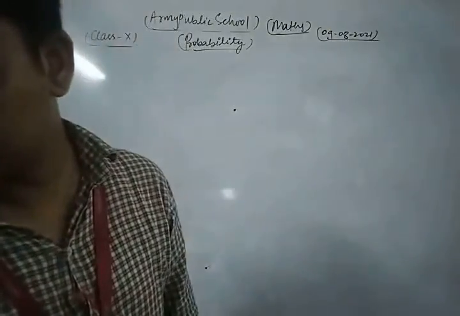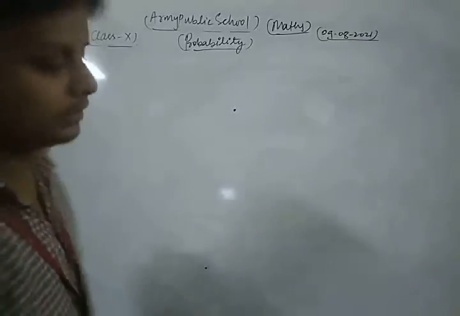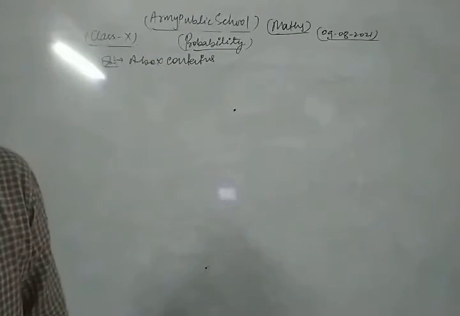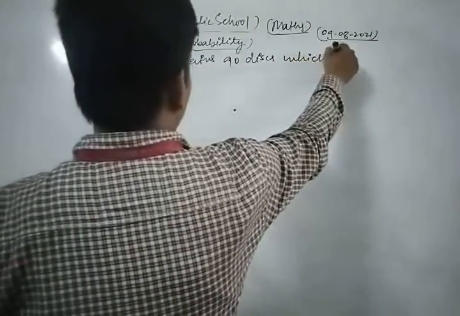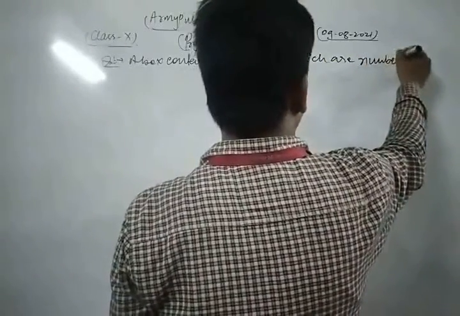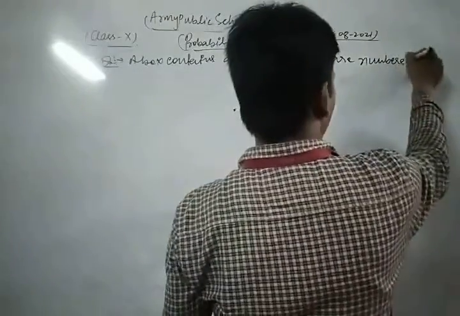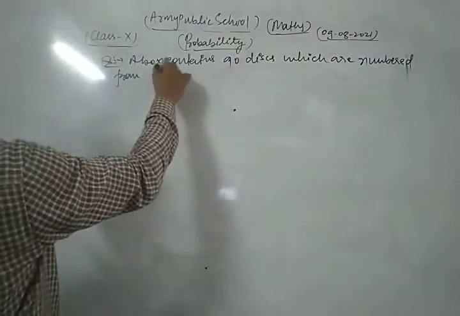Look, we now take a very important question. The question is: a box contains 90 discs which are numbered from 1 to 90.